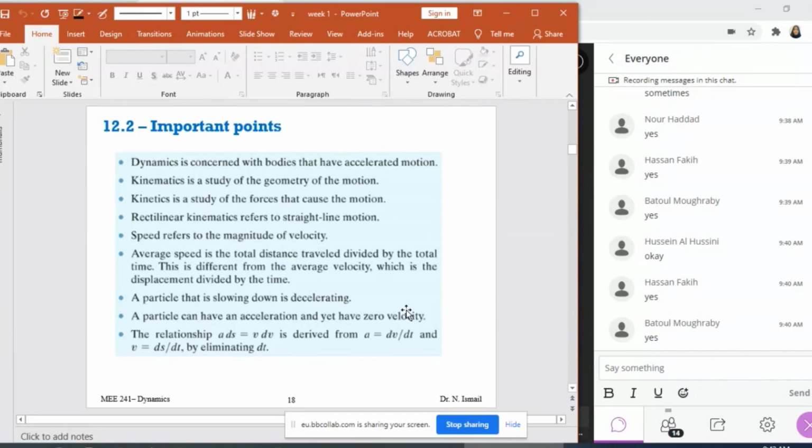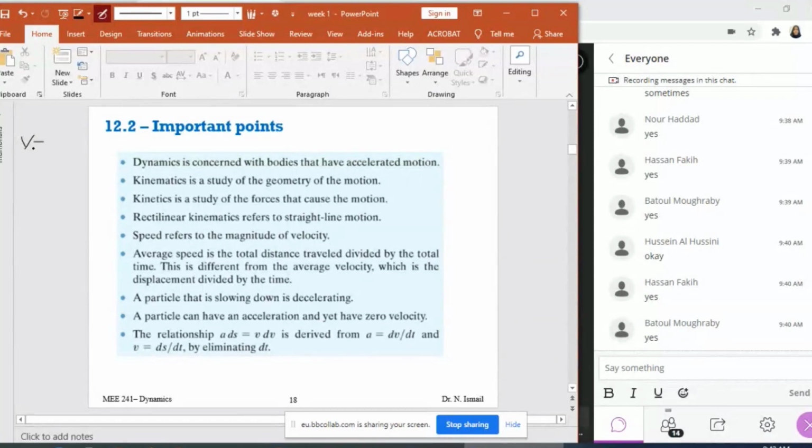And guys, what matters for me, or what is the most important part in these important points, is that you should know that you have 4 main equations. The first one is v = ds/dt, and this could be converted to integration. We're gonna see how.